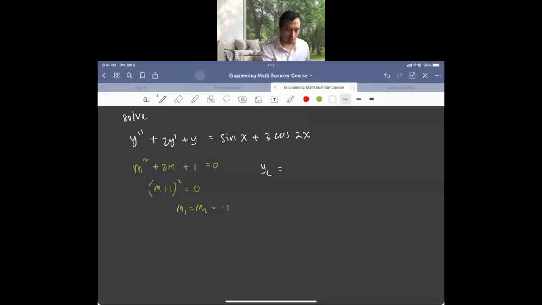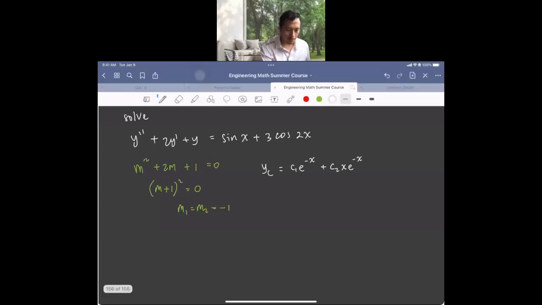So we have repeated roots. So our yc is c1 e negative x plus c2 e negative x, but we have duplication, so we need to multiply with x. So first we get this complementary solution from homogeneous.